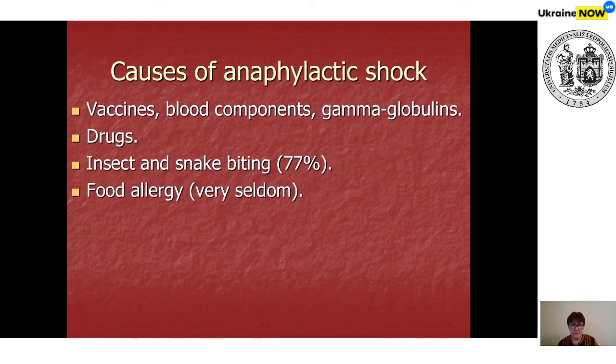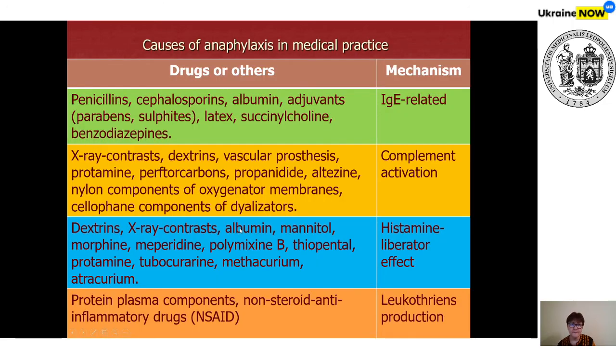Causing factors of anaphylactic shock are mainly insect and snake bites, in 77% of cases. It may be caused by vaccines, blood components, immunoglobulins, or administration of medicaments, and very rarely anaphylactic shock occurs in food allergy.